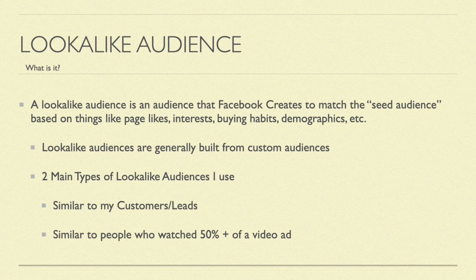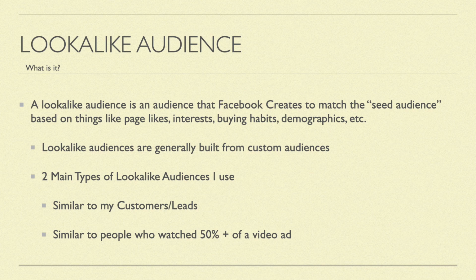And the reason is simple. 50% of a video view is a commitment. If someone is on Facebook and they watch 50% of my video ad, that means they're probably interested in what I have to offer. Now, they may not have purchased or opted into my list or continued forward with the process of getting to know my brand because they were busy or what have you. But the bottom line is if someone watches 50% of my ad, then they're probably interested in what I have to offer.